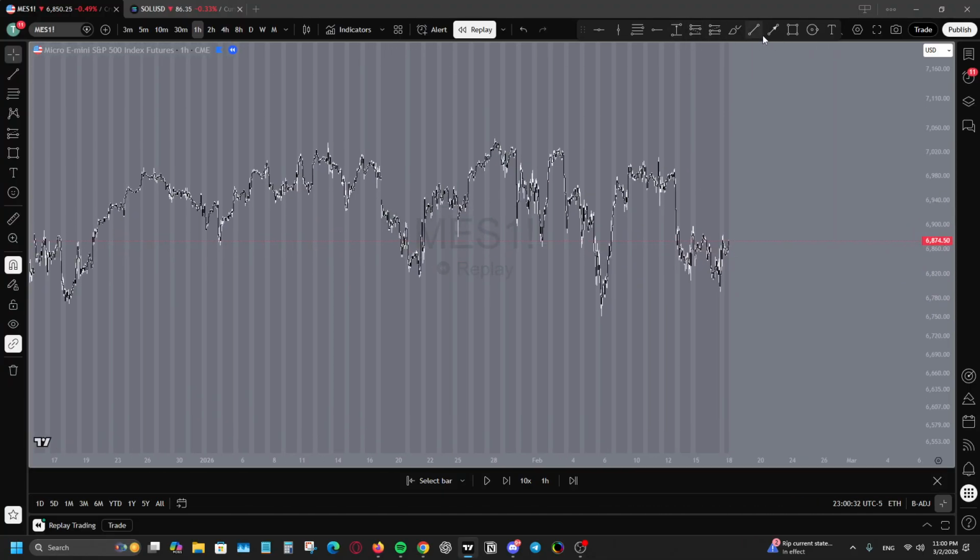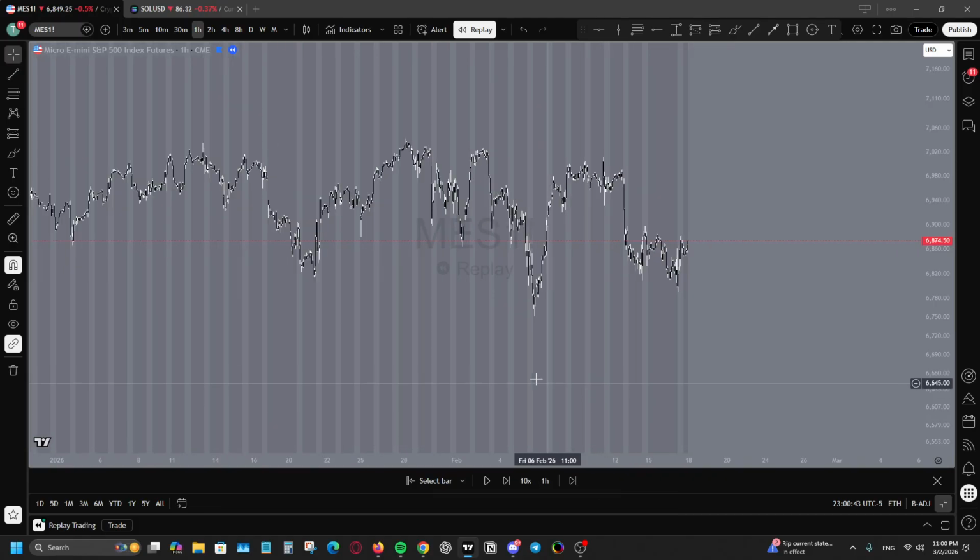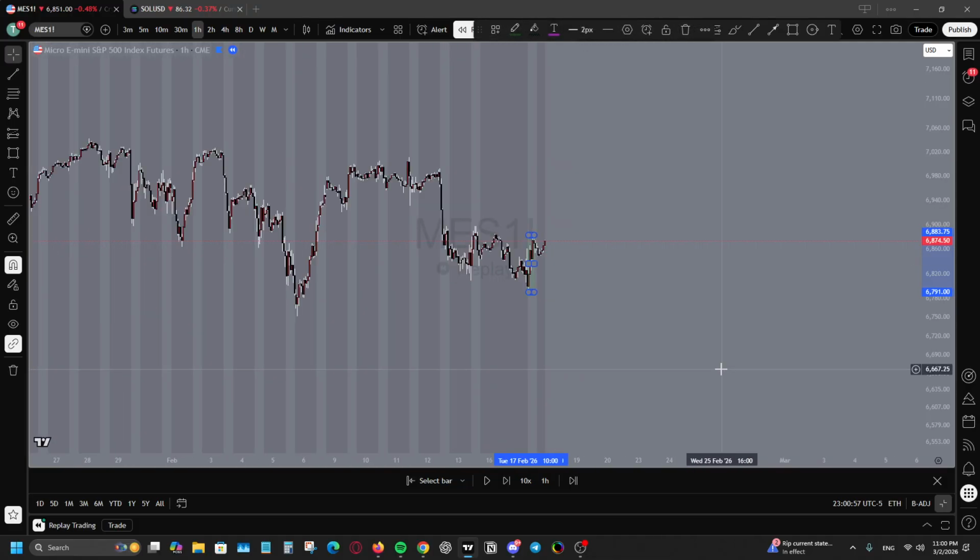Every time price has these swings, whether to the upside or downside, you want to be marking your rectangle boxes. I'm going to start from the most recent price, pretty much from here all the way to here, up segment.